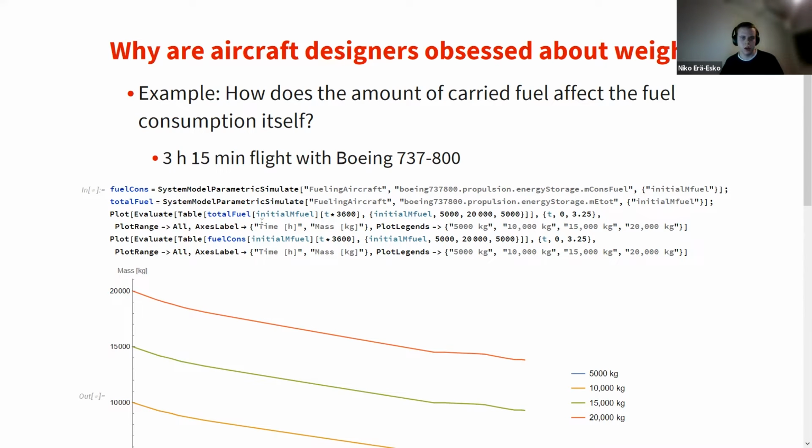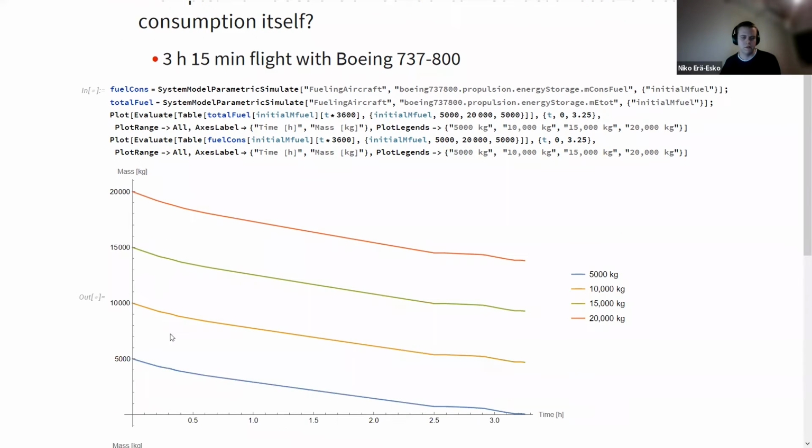Here we used the library to simulate an example for a Boeing 737-800 on 3-hour, 15-minute flights with different fueling levels, ranging from 5 metric tons to close to the fuel capacity limit of that aircraft, 20 metric tons.